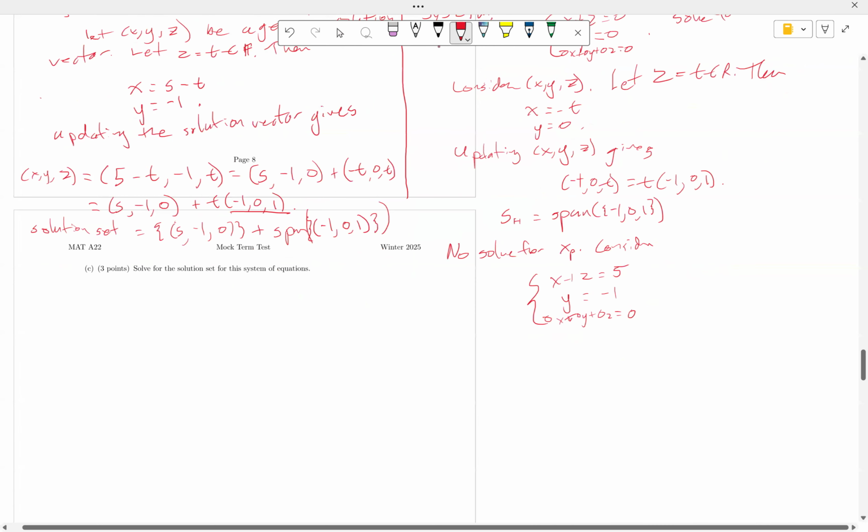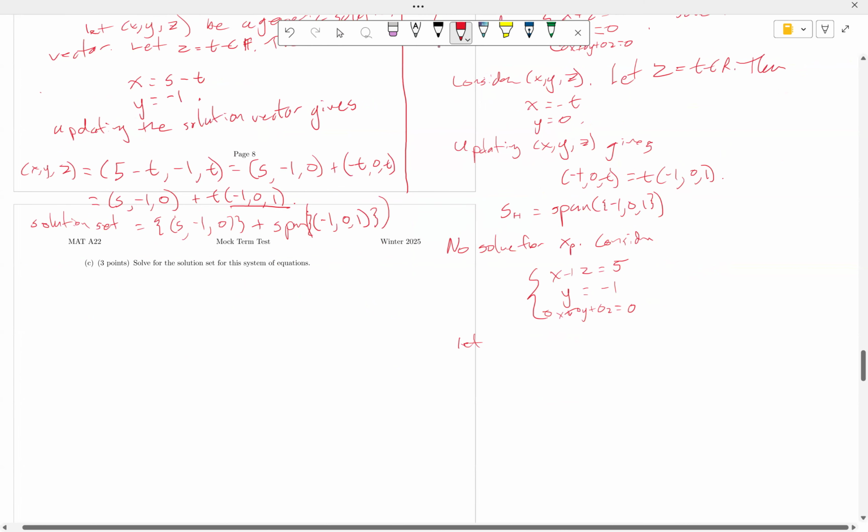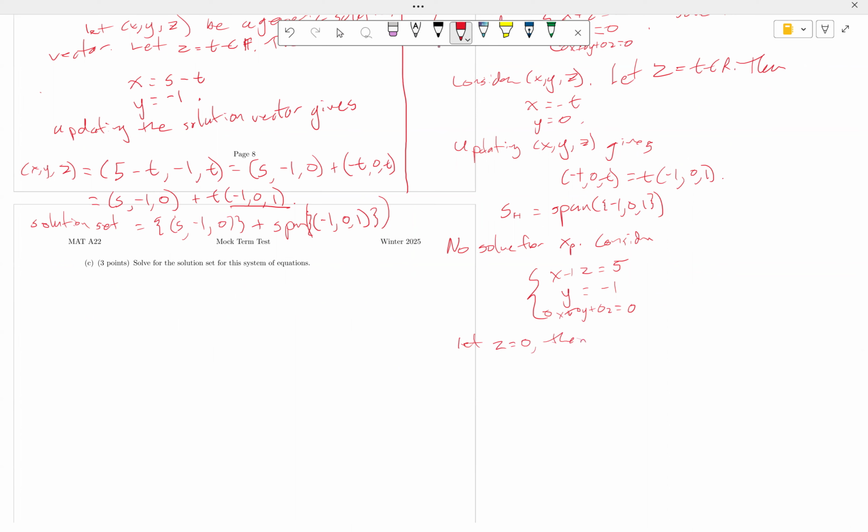And now let z equal 0, then x equals 5 and y equals minus 1. Thus, XP equals the vector 5, minus 1, 0. Okay.